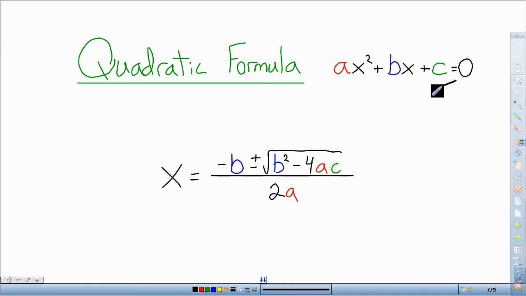When we have our quadratic drawn out this way, this number in the front is a, this number next to x is b, and the number by itself is c, which, by the way, is called standard form. Then we just plug our numbers into the spots and do the math. Again, don't be too intimidated by this, but let's try it out with ours.